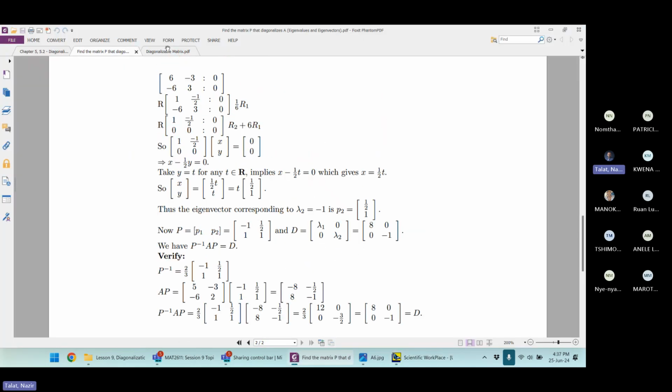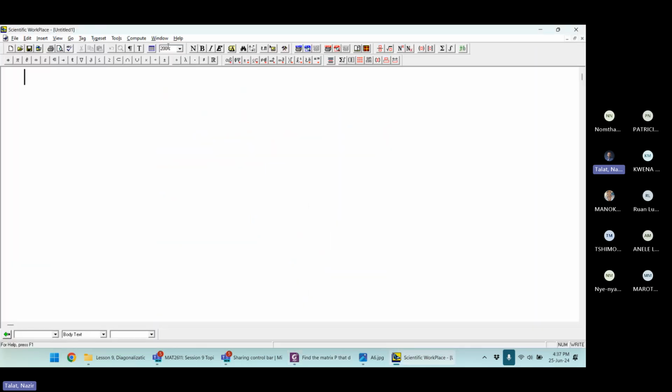Here we can see, as the example I can show you, there is a result: if A is any square matrix which is diagonalizable, then A to the power k is equal to P times D and then P inverse.